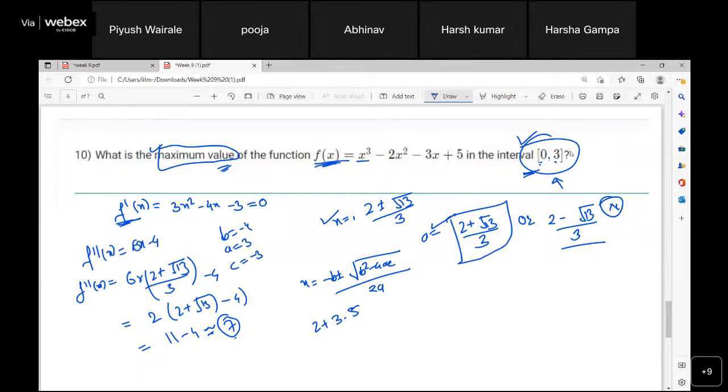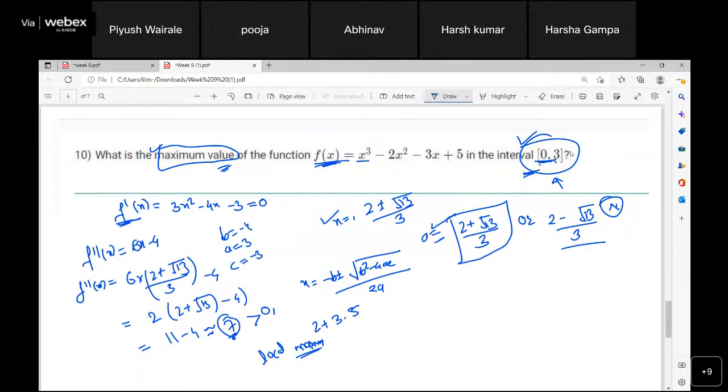Now this is 7, but I have to check at this particular closed interval also, right? Sorry, this is positive, right? This is positive. So it means it is greater than 0. It means I have local maxima, right? So I have checked that at this particular point I have local maximum, it is equal to 7, right?